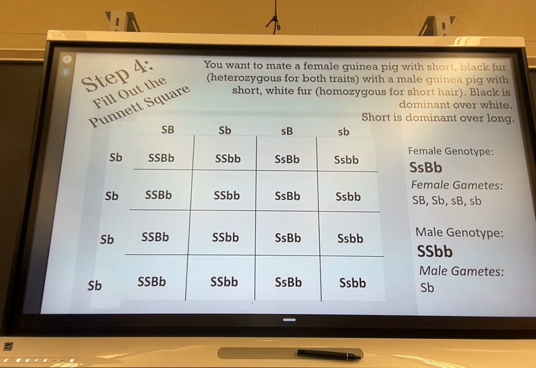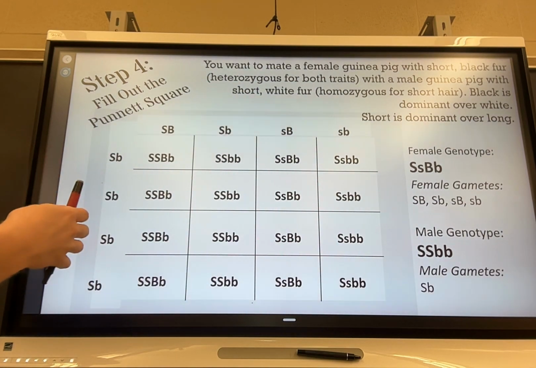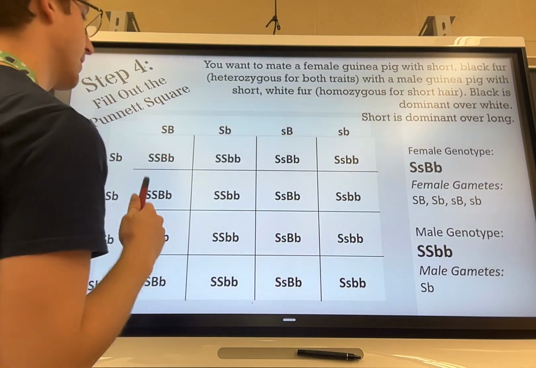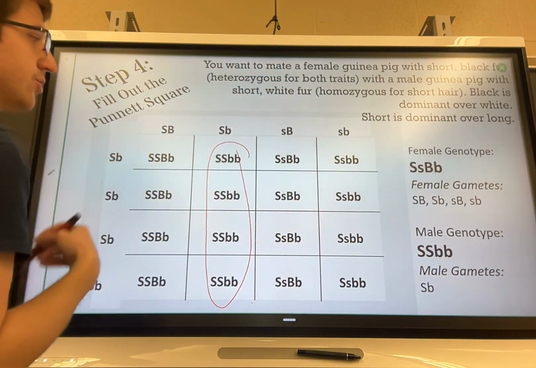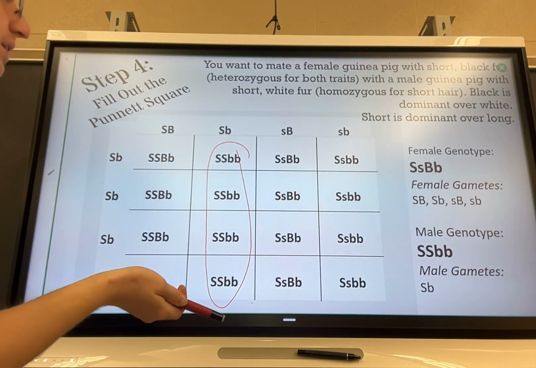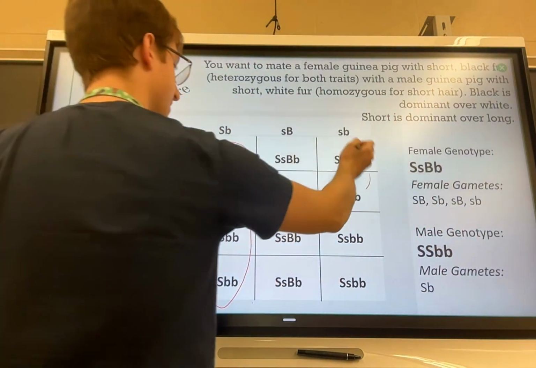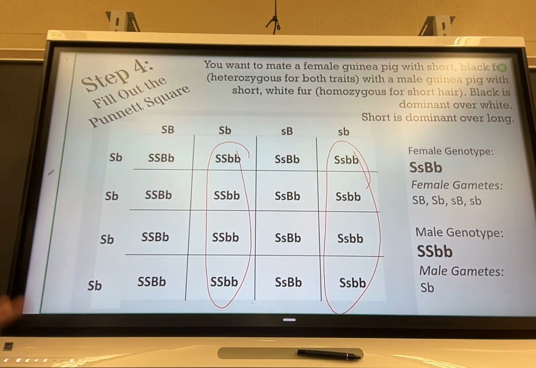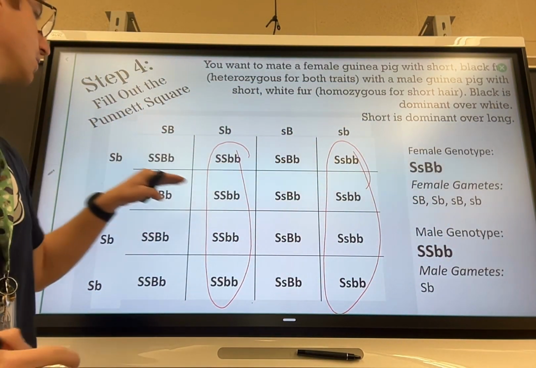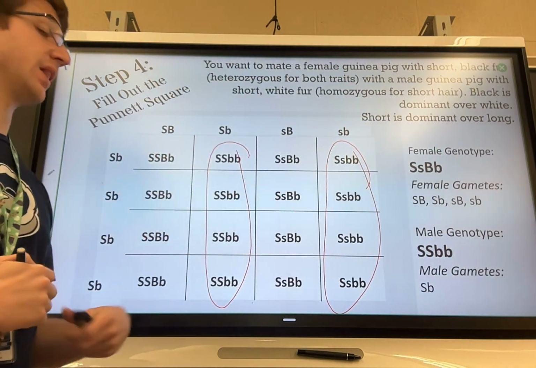In terms of getting the hair color, we have a chance over here to get white fur color, and a chance over here to get white fur color. So we have a 50-50 chance whether we get white or if we get black fur color.